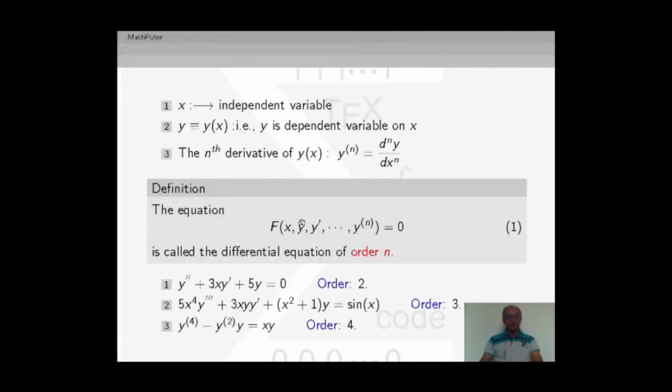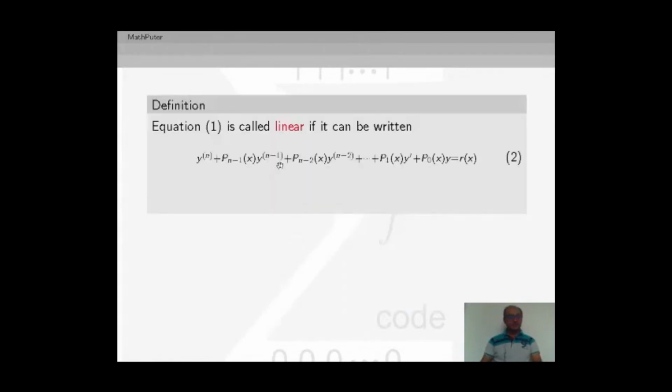Now these equations are classified as linear and non-linear. If the equation can be represented by this form, let us look at the form: the nth derivative of y plus p_(n-1)(x), some function of variable x, into the (n-1)th derivative of y, similarly some function of x into the (n-2)th derivative, and we continue this sequence, some function of x into the first derivative of y, some function of x into y, equal to the right hand side, and the right hand side contains only a function of variable x.